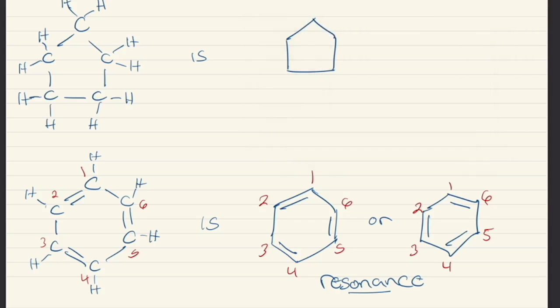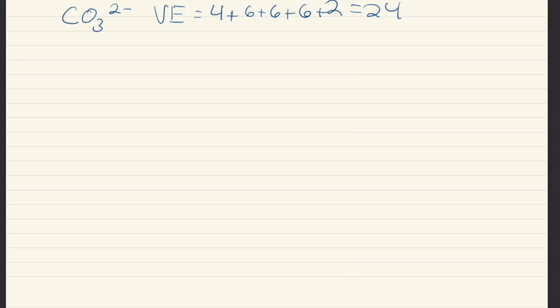Let's use an example of a Lewis structure that we're familiar with. So let's take a look at carbonate, right? CO3 2 minus. If we go by our methodology of valence electrons, 4 plus 6 plus 6 plus 6 plus 2 equals 10, 18, 24 valence electrons.